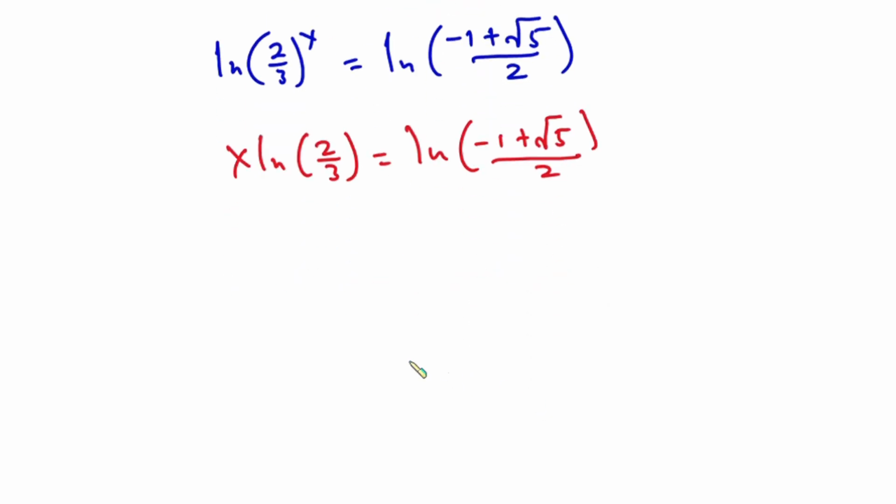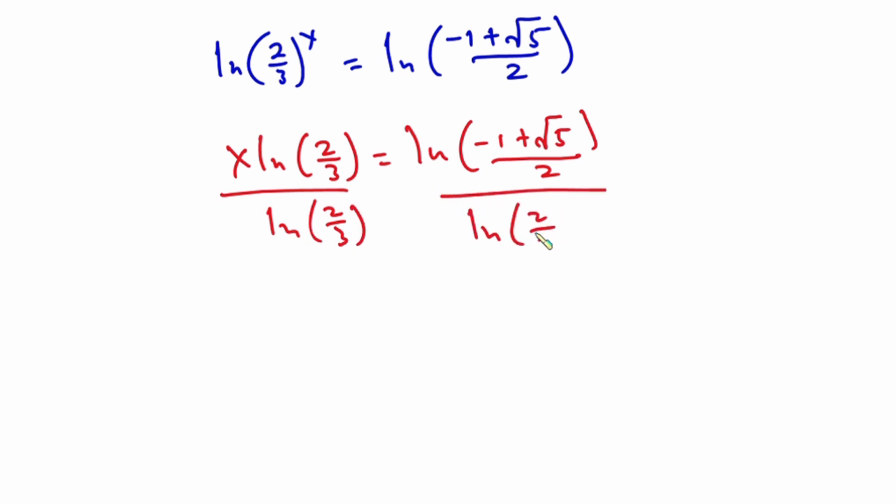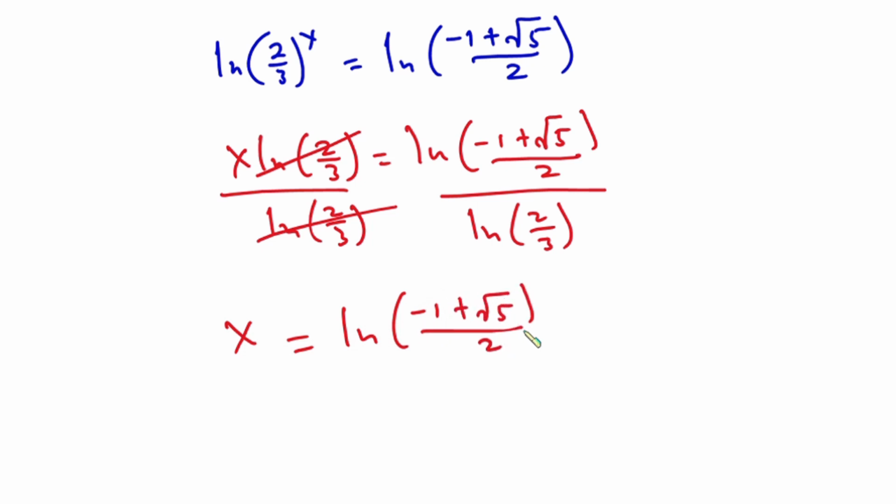Then from here, straight away, we can divide each side of the equation by ln of 2 divided by 3. And straight away, you can see that this whole thing will take care of this. Now we have x is equal to ln of (negative 1 plus square root of 5) all divided by 2, then all divided by ln of 2 divided by 3.